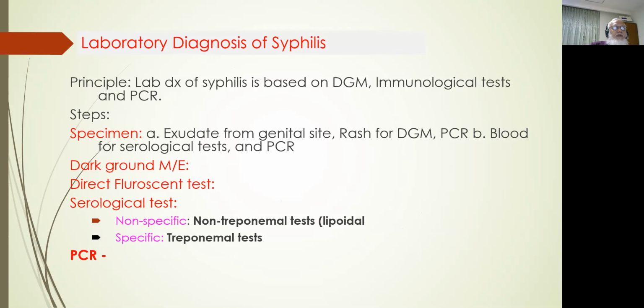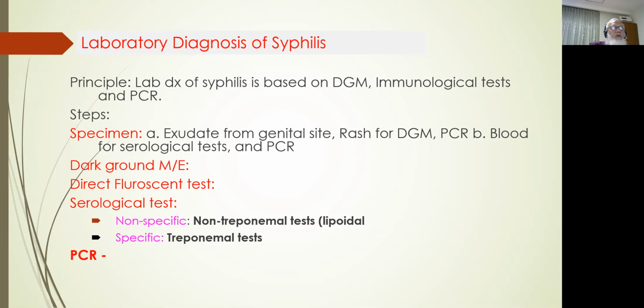Laboratory diagnosis of syphilis is based on a special type of microscopy, that is dark ground microscopy, and immunological tests. Nucleic acid based tests can also be used. Culture cannot be done, and gram staining or ordinary light microscopy cannot be used. So what are the specimens?